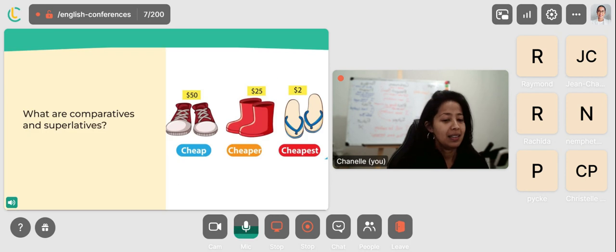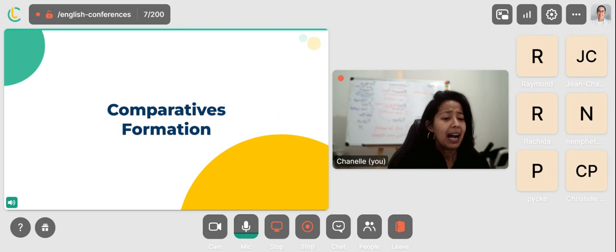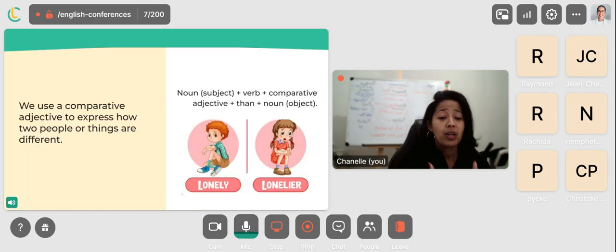So what are comparatives and superlatives? On the right, you can see an example. We have cheap, cheaper, or cheapest. That in French is moins cher. So, quelque chose qui est moins cher. Our comparative forms: we use a comparative adjective to express how two people or things are different.